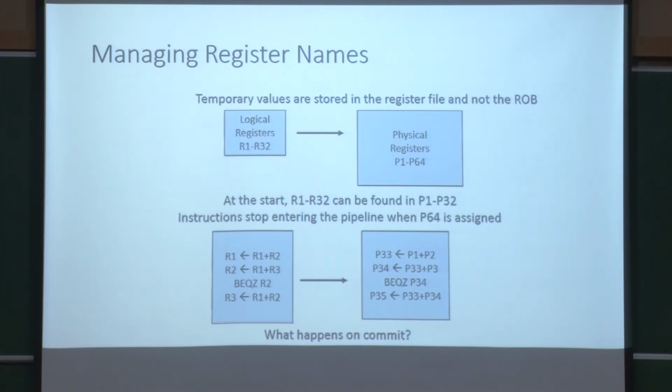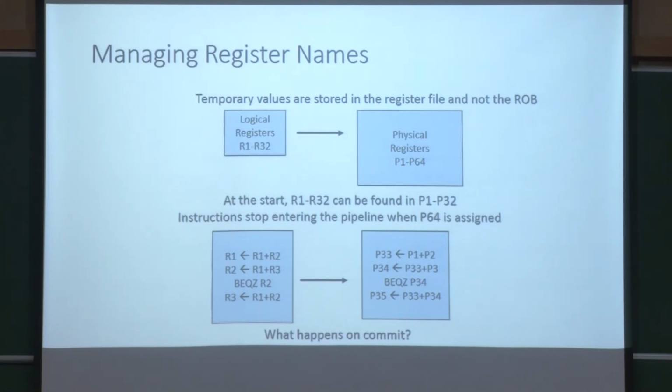Since the physical register file has 64 registers, P33 to P64 are lying vacant right now. So I can use those registers, P33 to P64, as my rename registers. They are going to serve the same purpose as the T registers that we used in the previous example, right?